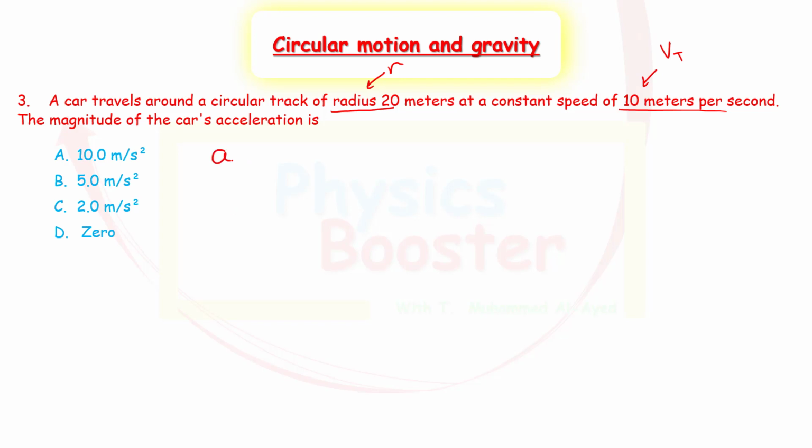We can say that the centripetal acceleration, with a small c here to differentiate it from normal acceleration, is equal to Vt squared over R. So it is equal to 10 squared over 20, which is 100 over 20, which is equal to 5 meters per second squared. So the answer is simply B.